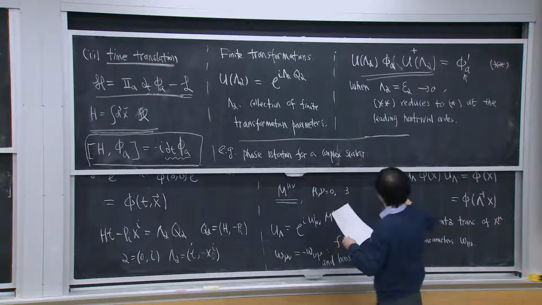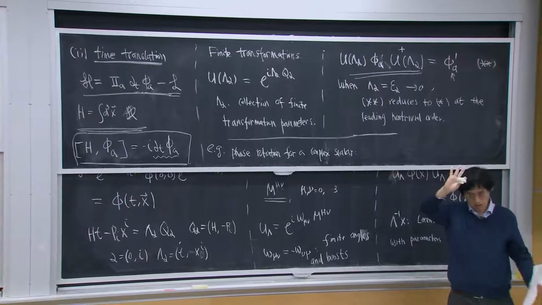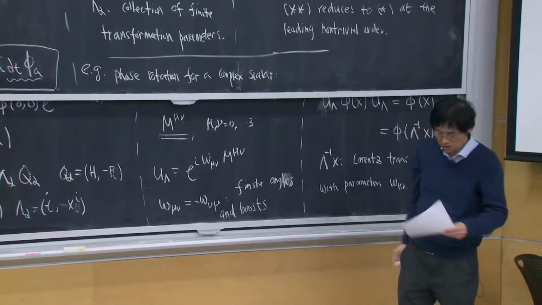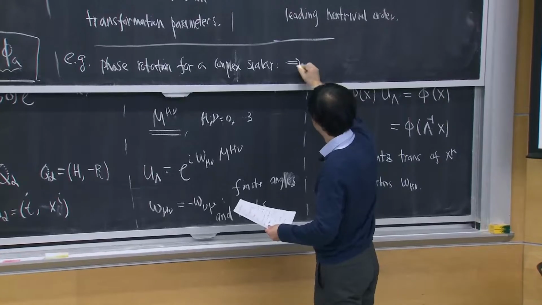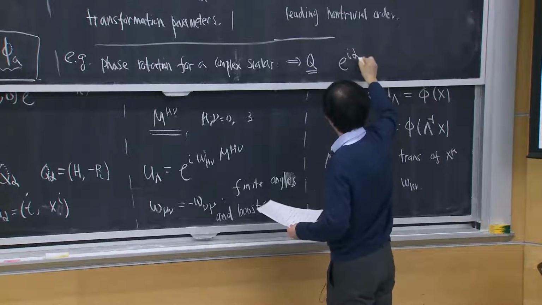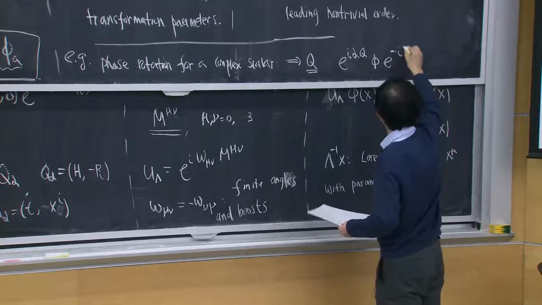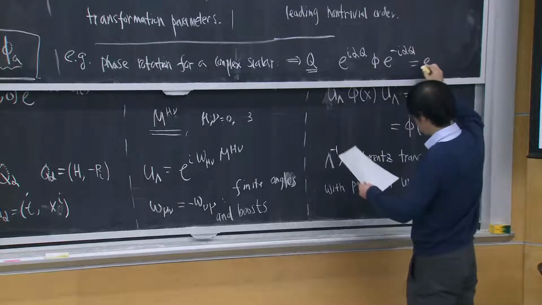There we show there's a conserved current corresponding to the phase rotation, because you can rotate the phase of the field. That's a symmetry, and so that will generate the charge Q corresponding to the phase rotation. And then if you have alpha Q acting on phi, you can just check explicitly that it will generate the phase rotation in phi.